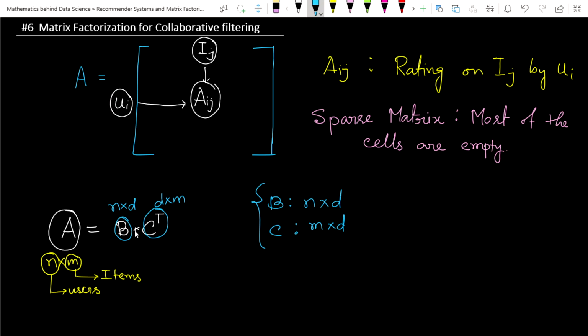Now let's try to understand why these things are useful in a recommendation system. Let B be N cross D. Its dimension is N cross D, which means it has N rows.